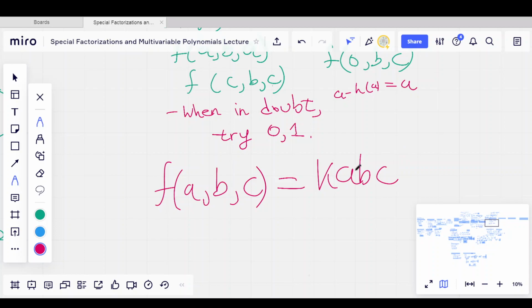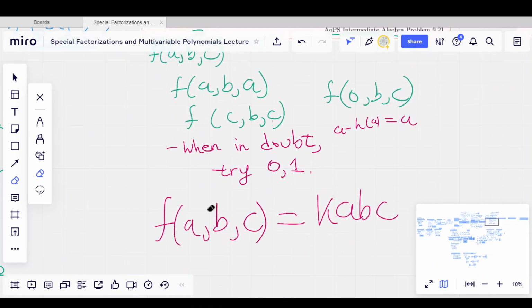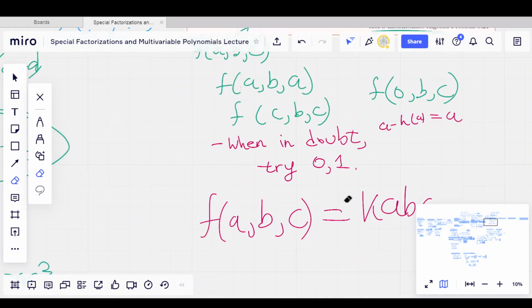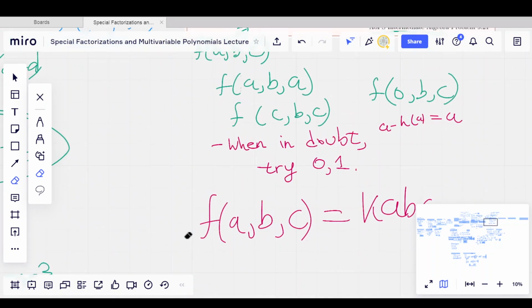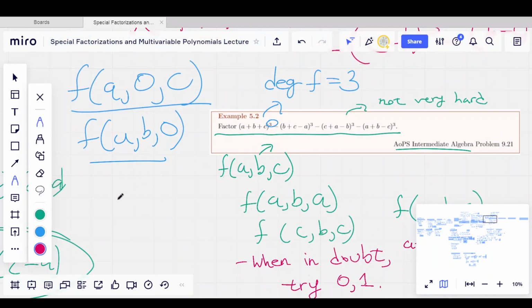So don't get tricked by just finding the roots and saying, oh, this is just abc, because there's always this constant k lurking there. And then f(a,b,c) is very simple. To find the value of k, you just plug in simple values. For this one, I would like to plug in a equals b equals c equals 1.